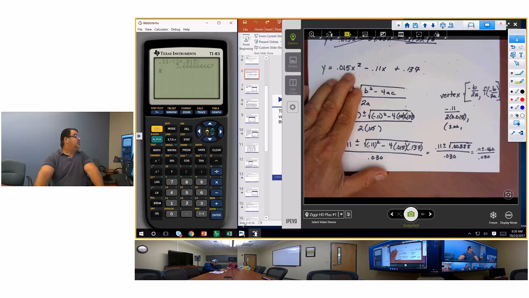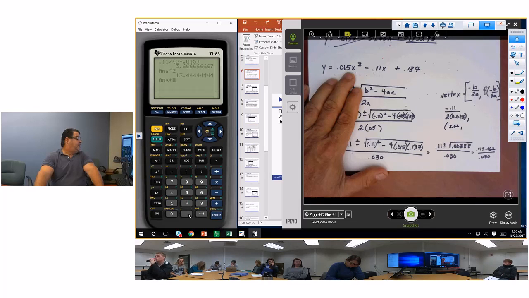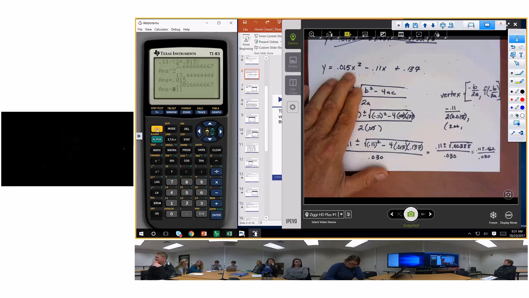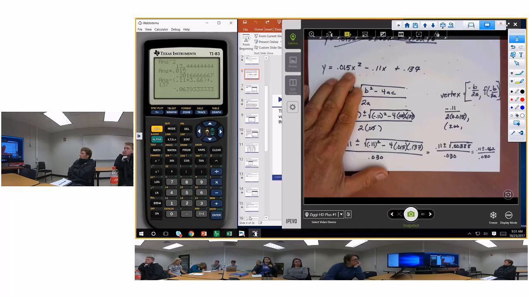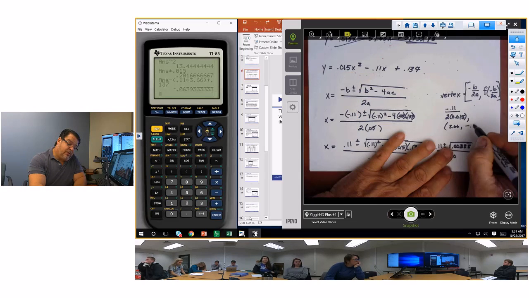So 3.66 raised to the second power times 0.015 equals minus 0.11 times, let me put that in parentheses, times x, that'd be 3.66, close parentheses, plus 0.137. I got negative 0.06.